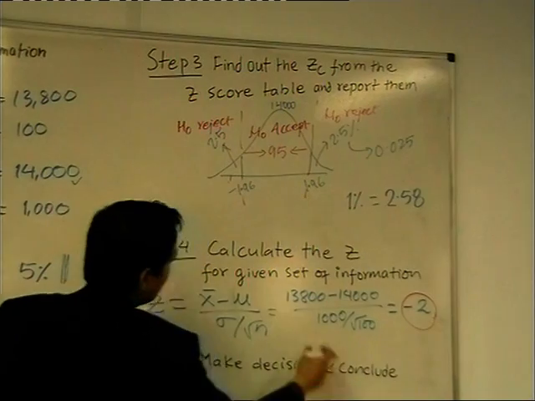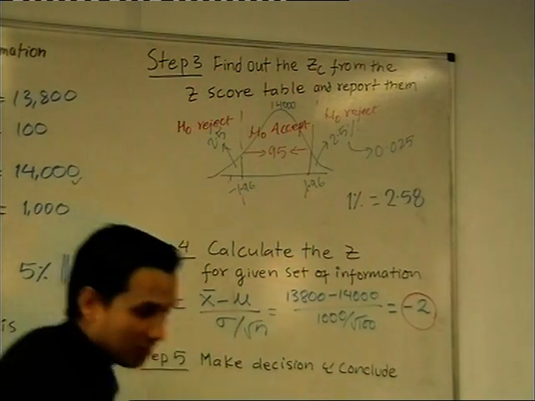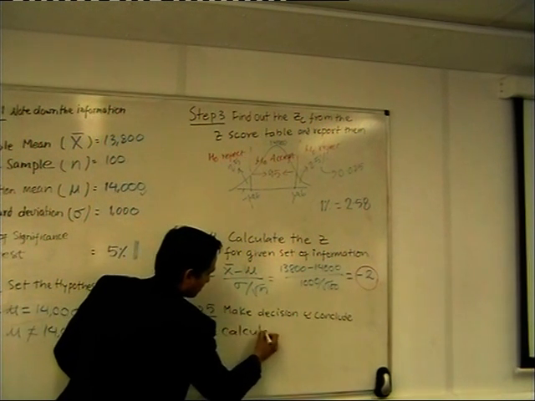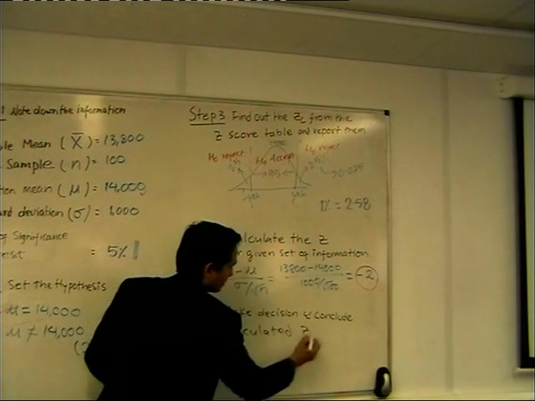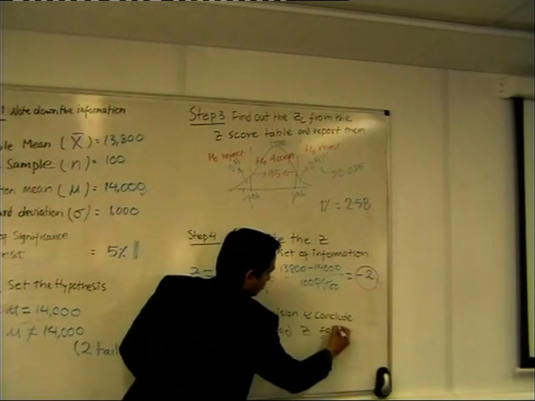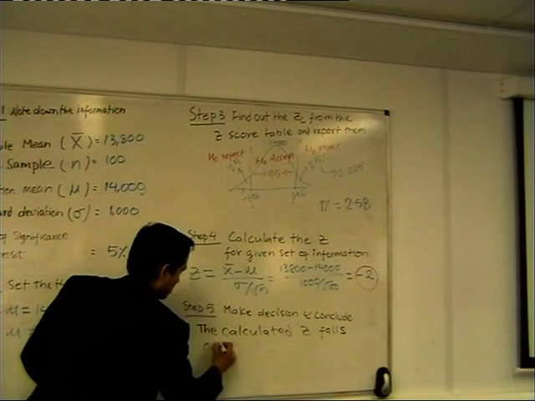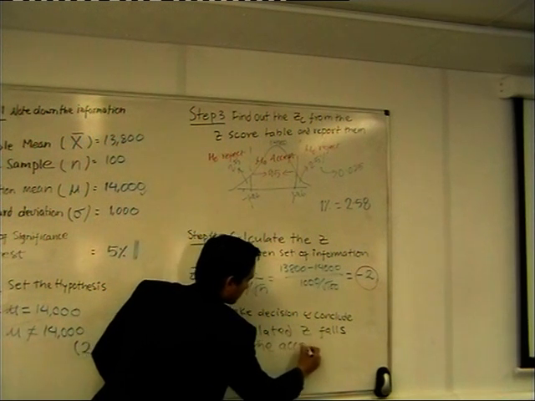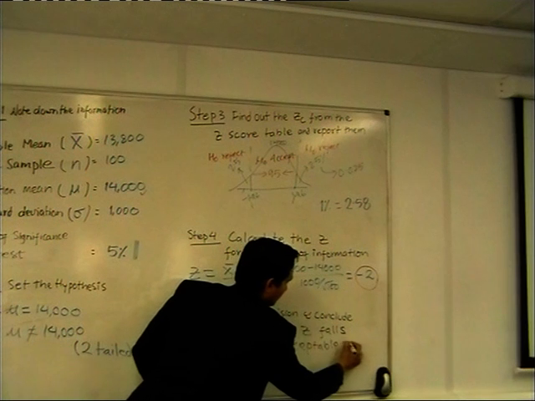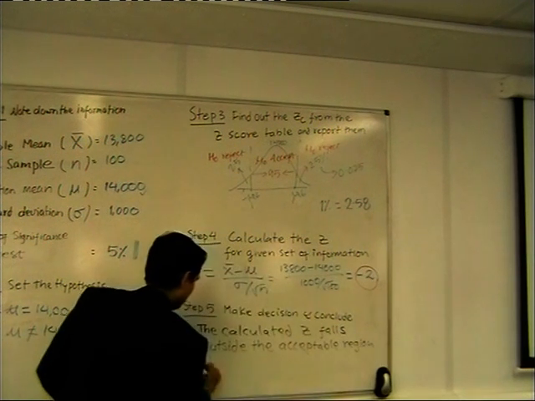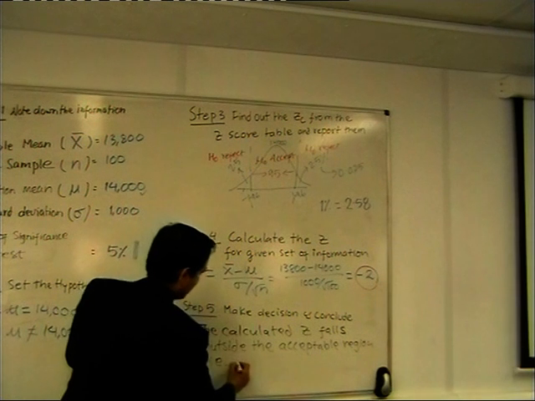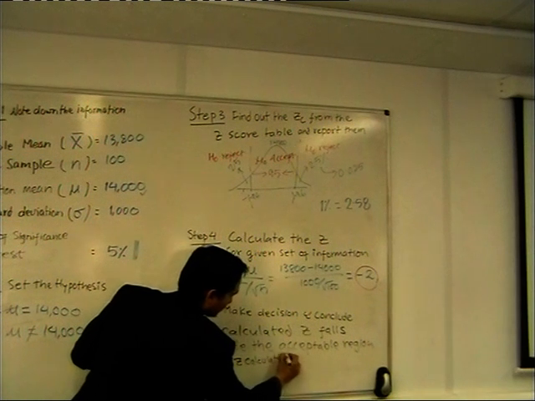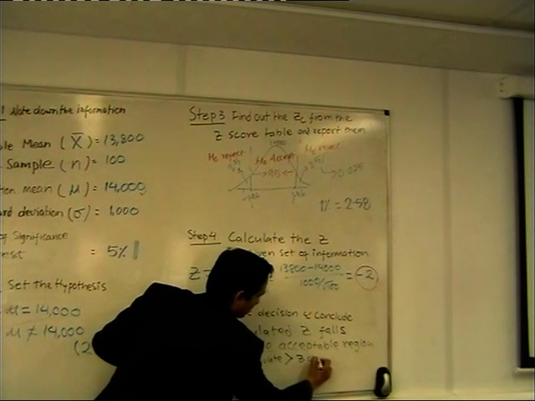So when you make the decision, what you can say is the calculated z falls outside the acceptable region, i.e. z calculated is greater than z critical.